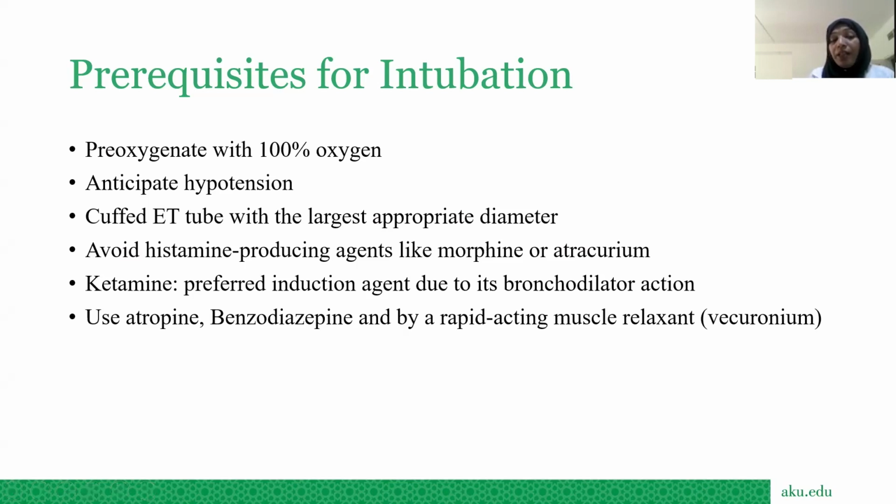You have to avoid histamine-releasing agents like morphine and atracurium because they will worsen the bronchospasm. The preferred agent for sedation is ketamine, and you can also use atropine, benzodiazepine, and a rapid-acting muscle relaxant like succinylcholine for intubation of these patients.